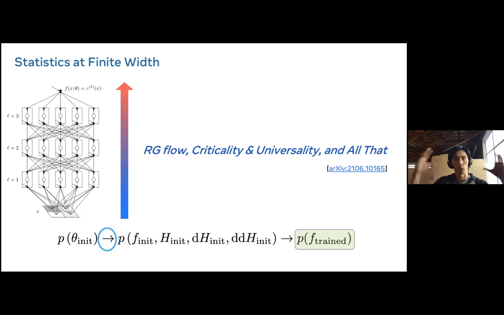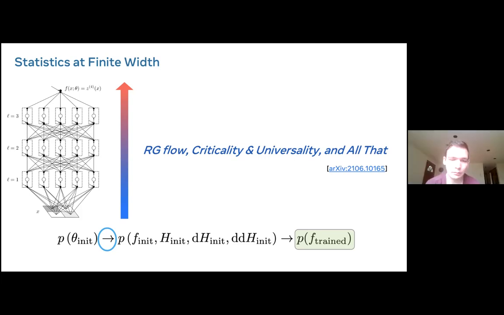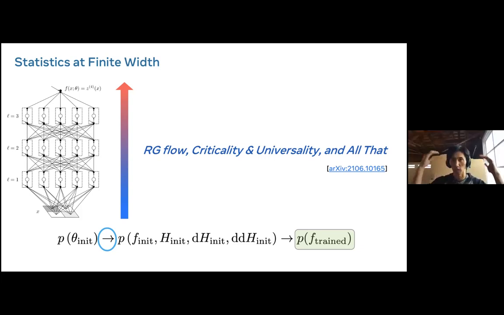But you want to keep everything order one in general, because the function you are trying to learn is also at order one. So you want to be there, and also backward: you want to keep the gradient order one, because you don't want to take exponentially large or exponentially small steps.